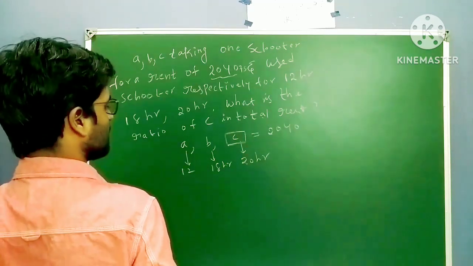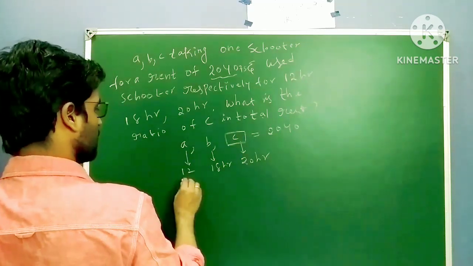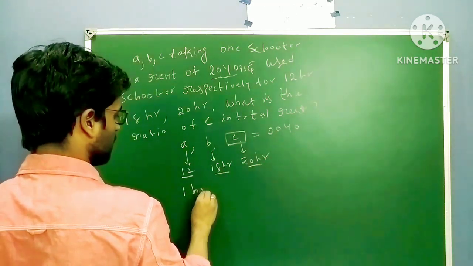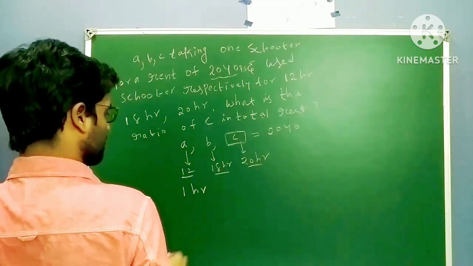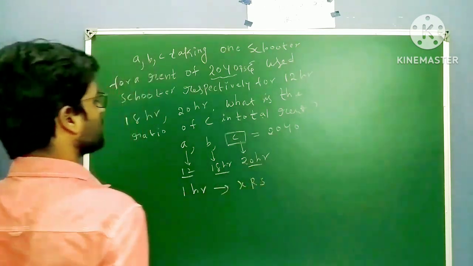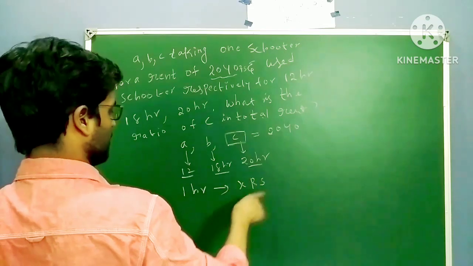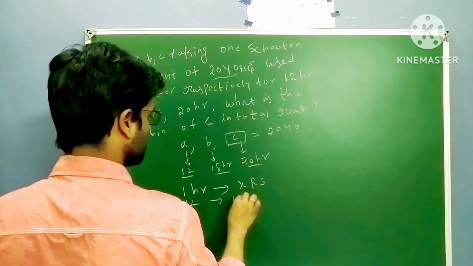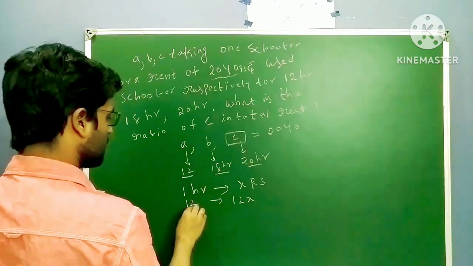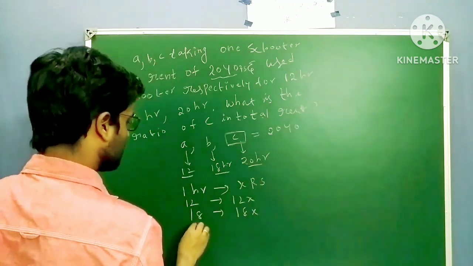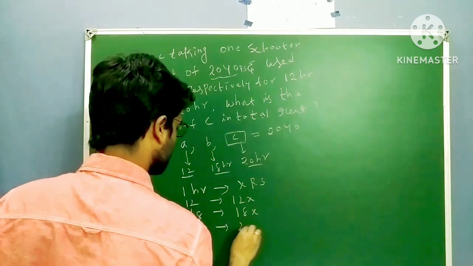So what you have to do? Simple. Take 1 hour, and suppose for 1 hour the payment is x rupees. For 12 hours, 12x rupees. For 18 hours, 18x rupees. For 20 hours, 20x rupees.